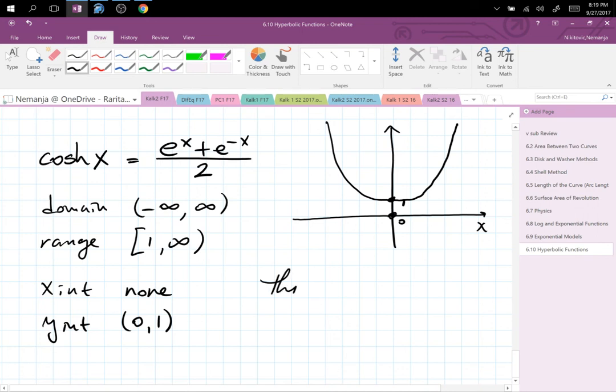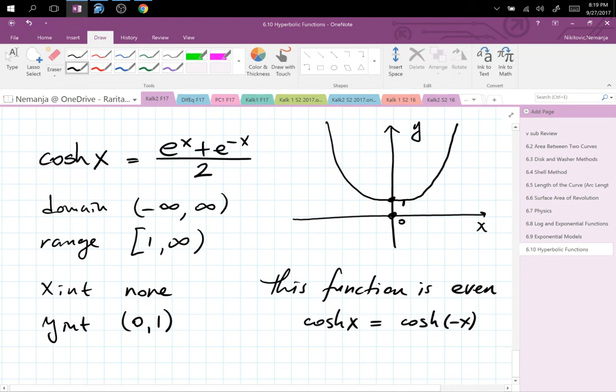This function is even because it's symmetric about the y-axis, and since it's symmetric about the y-axis, cosine hyperbolic of negative x is the same as cosine hyperbolic of x. So that's the property for even.